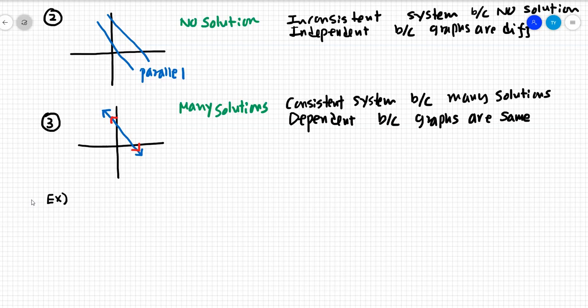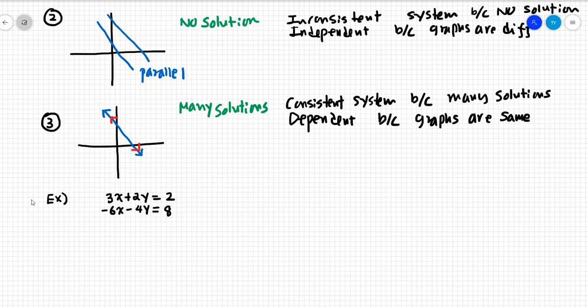Here's 3x plus 2y equals 2, and I have minus 6x minus 4y equals 8.